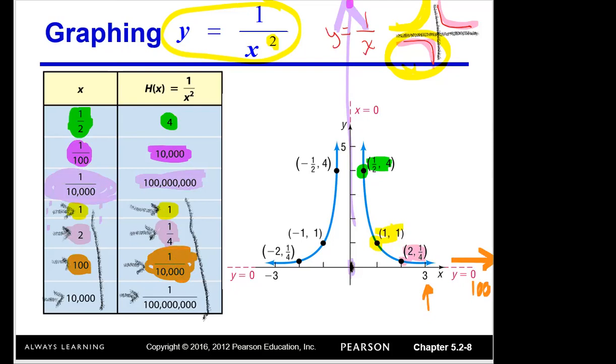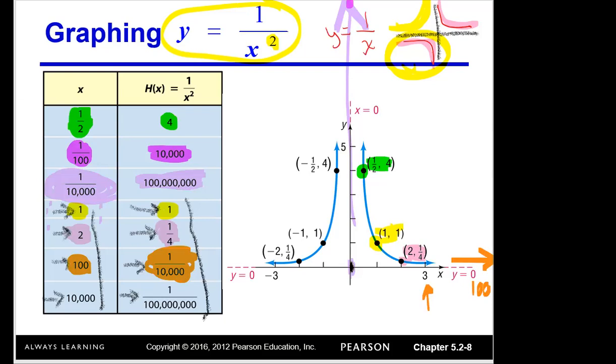So in this picture, as the graph is getting closer and closer to the y-axis, it never actually touches it. And when x gets bigger and bigger, then y gets closer and closer to the x-axis, but it also never touches it. The line that they get close to but never touch is called an asymptote.